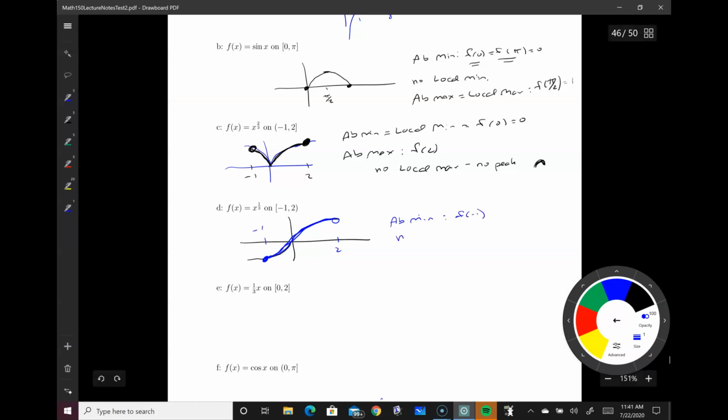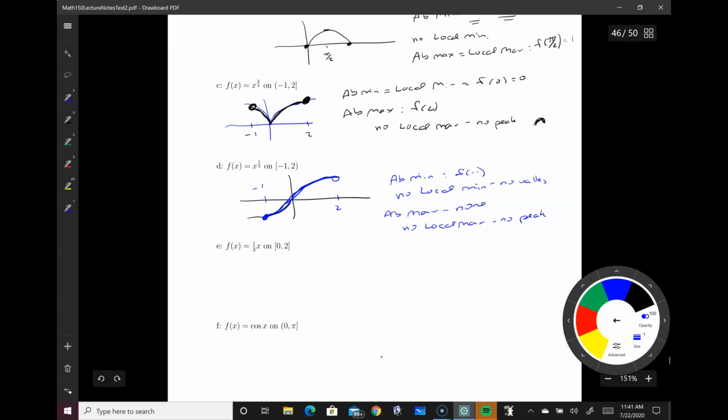And there is no local minimum because there's no valley. There is no absolute max. There's none. And there is no local max because there's no peak.